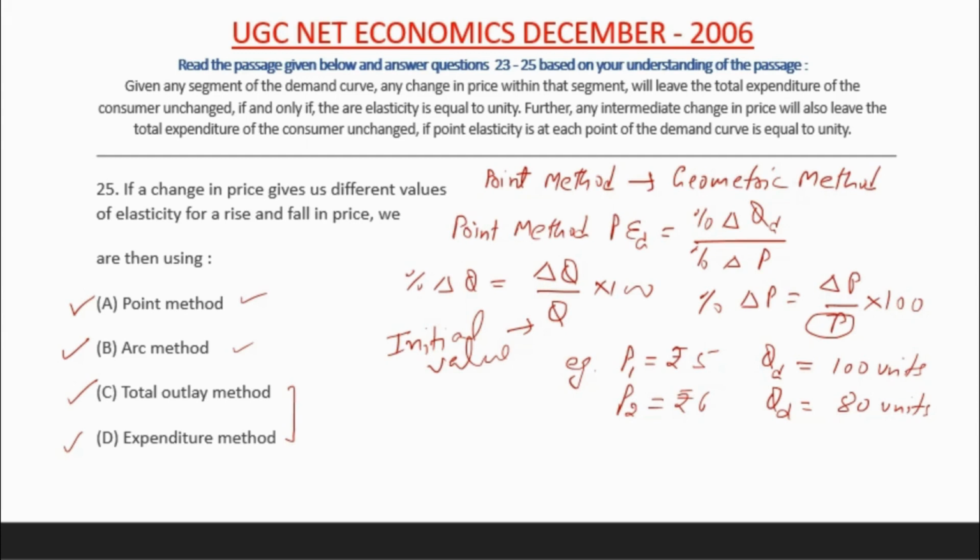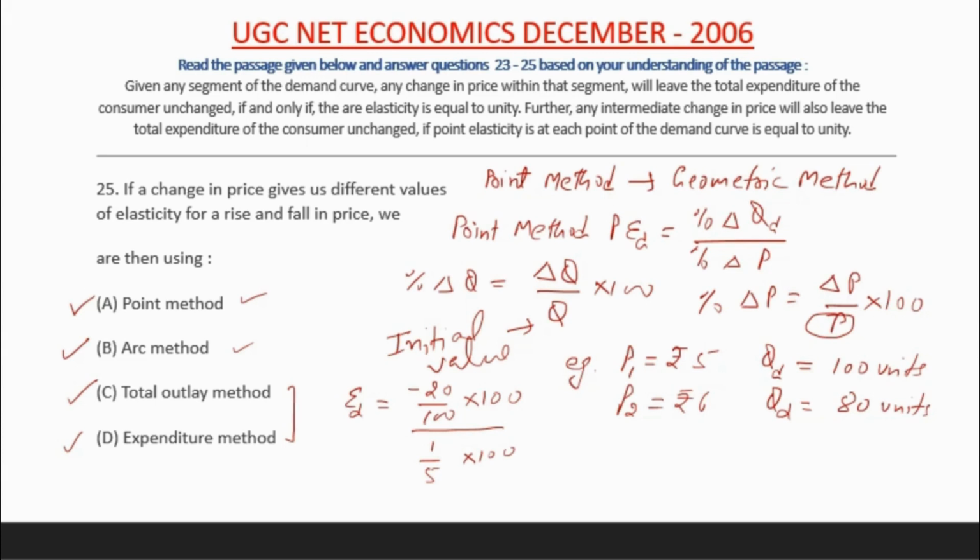You will take the absolute change in quantity, 80 minus 100, which is minus 20, upon the initial value of quantity, which is 100, multiplied by 100. This is percentage change in quantity, and you will divide this by percentage change in price, which is the absolute change, 6 minus 5, which is 1, divided by the initial price, which is 5, multiplied by 100.